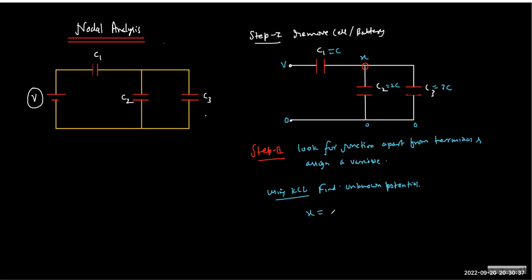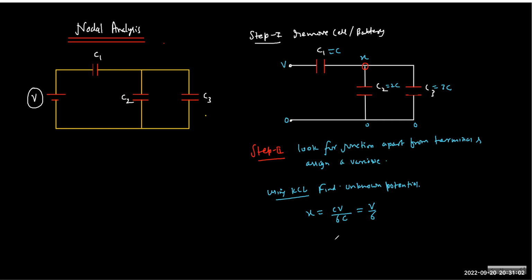We know the answer. C times V, 2C times 0 and 3C times 0, all over 1 plus 2 plus 3, which is 6C. And we got the answer.